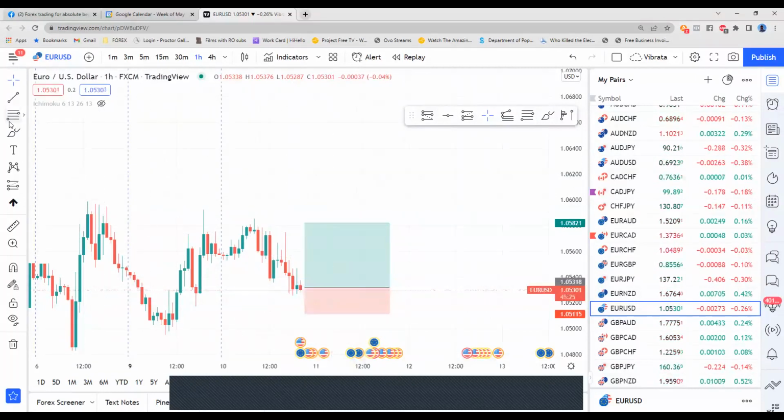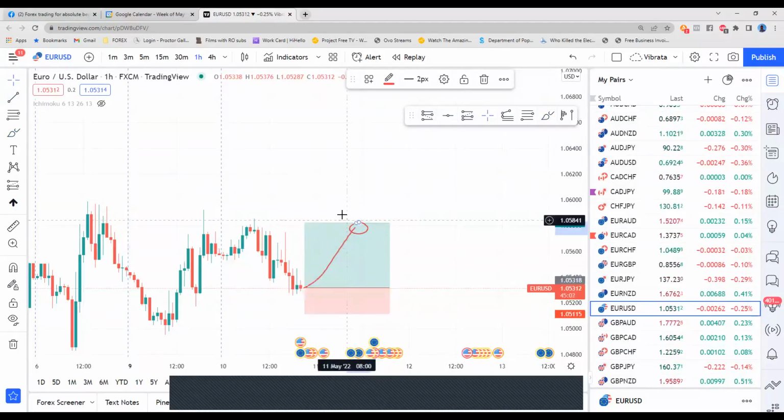If the price of the euro against the dollar rises up to here, that would mean that 1 euro is now worth $1.05 and 8 to 1. That is a difference of just over 50 pips.